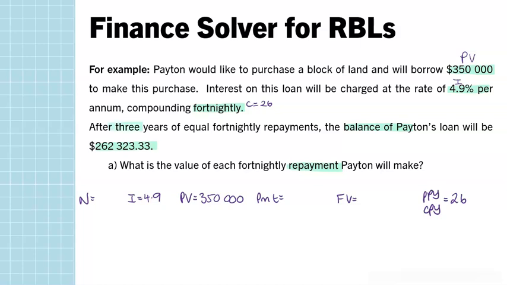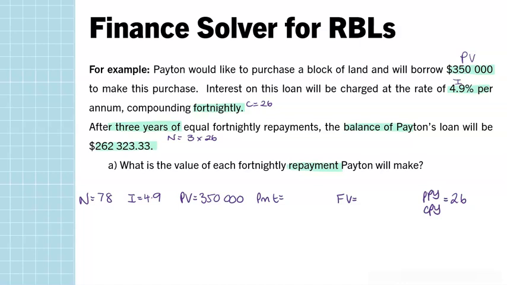After 3 years, so here we're going to have, after 3 years of 26 payments per year, a total of 78 repayments, the balance of Peyton's loan will be $262,323.33. So Peyton owes that amount.